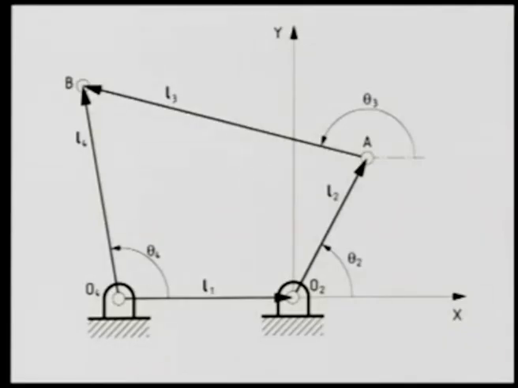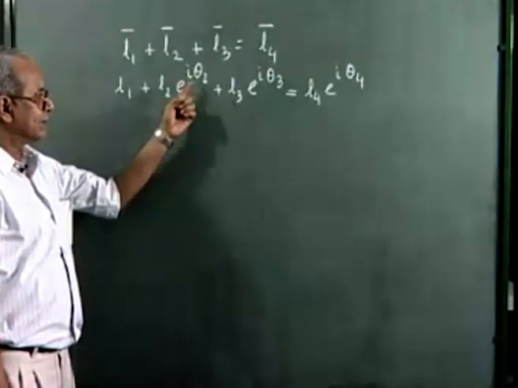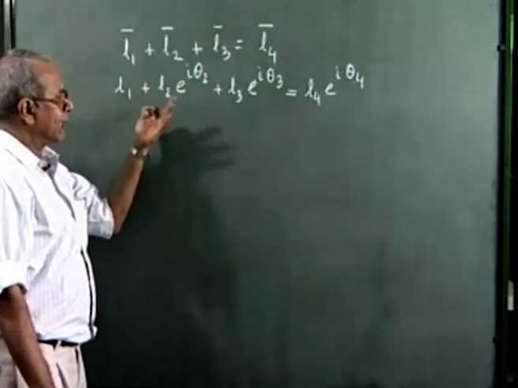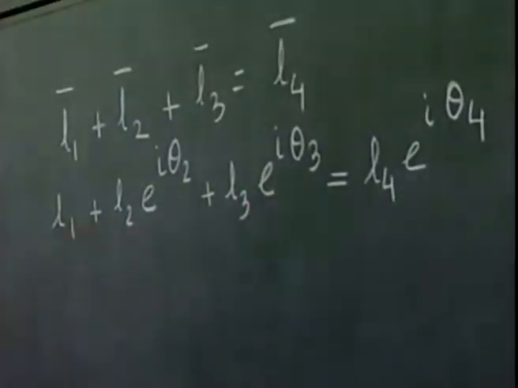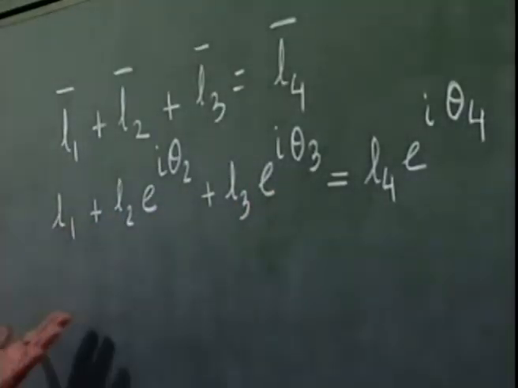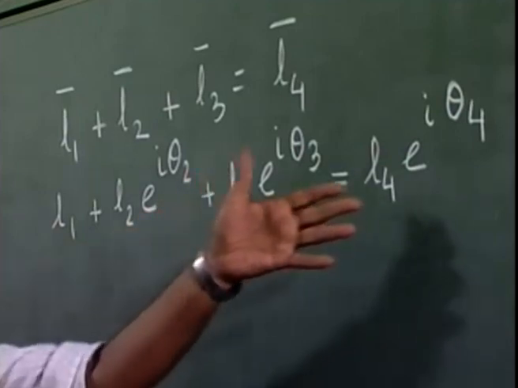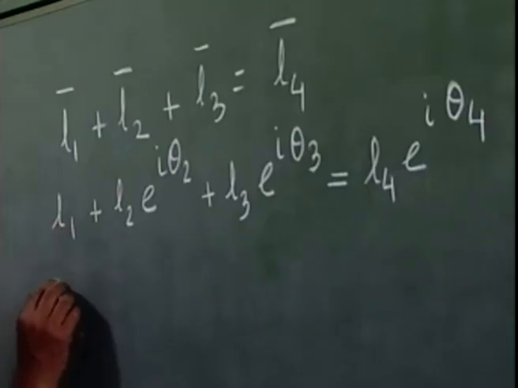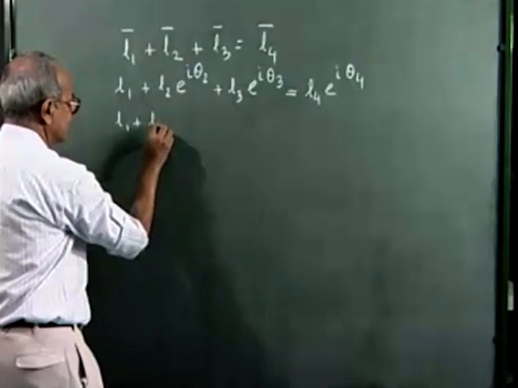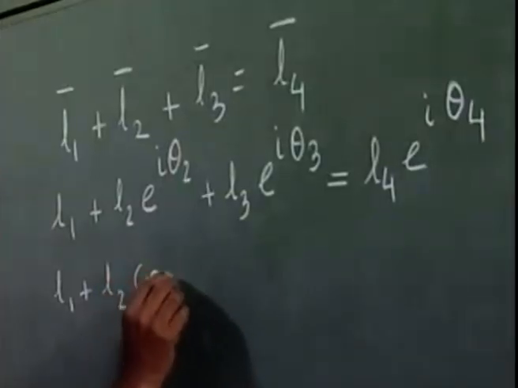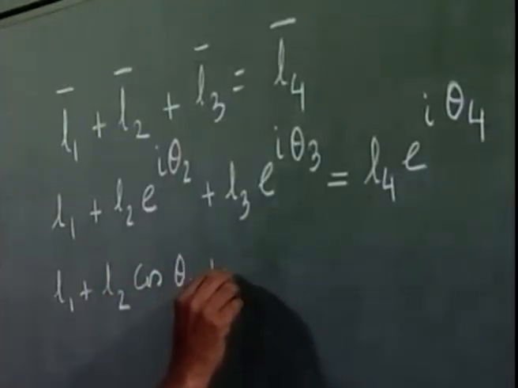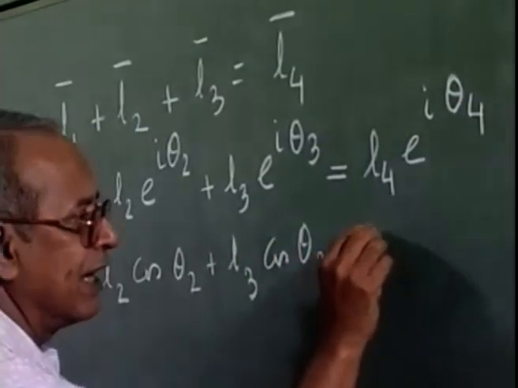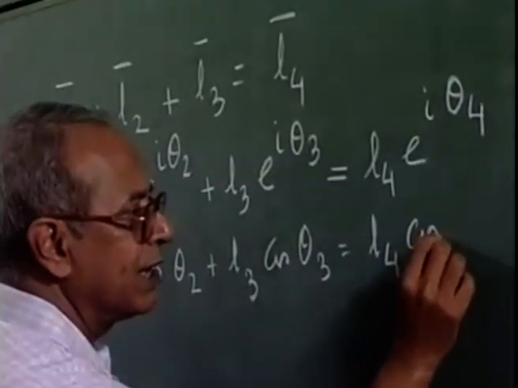As we know, e to the power i theta can always be written as cos theta plus i sin theta. So, what we say, we equate the real and imaginary parts of this particular complex equation, which is same as saying equating the x component and y component of two sides of this vector equation. That way we get L1 plus L2 cosine theta 2 plus L3 cosine theta 3 is L4 cosine theta 4.